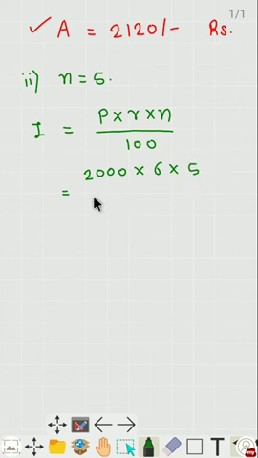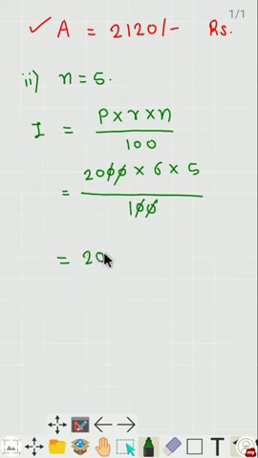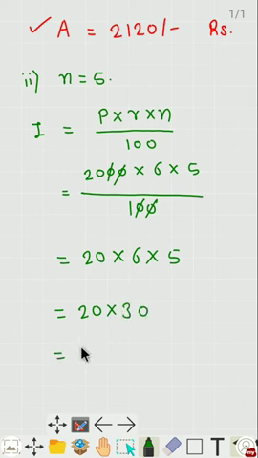Now N is equal to 5, and it is divided by 100. So again do this calculation. These two zeros will get cancelled with these two zeros. What is left is 20 into 6 into 5. So finally it is 20 into 30, and it is equal to 600 rupees. So this is the interest which we get after 5 years on the principal 2000 rupees.